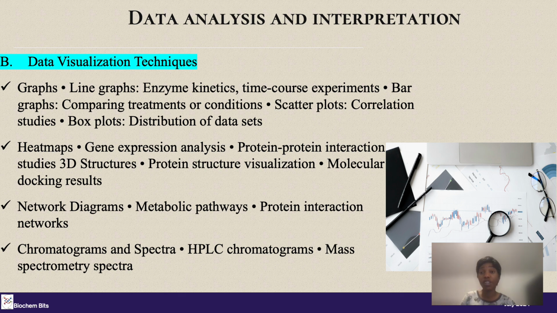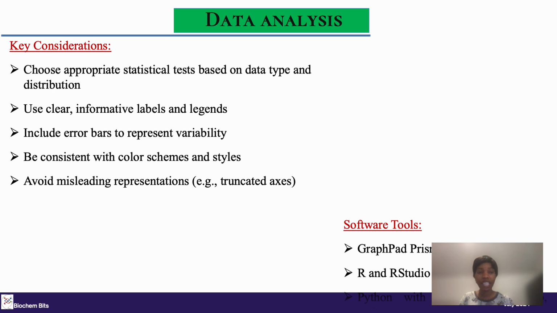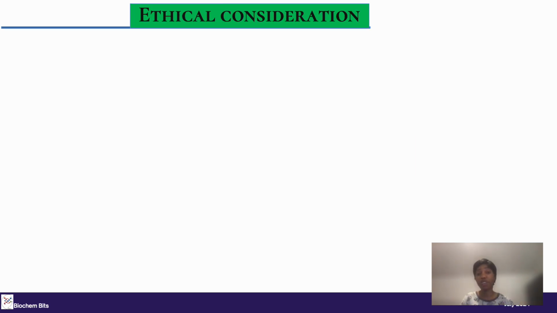And it's still a process in biochemistry that everyone, including me, is trying to measure up to and learn more about how best to present my data. There are some very important tools to consider, like GraphPad Prism that you should familiarize yourself with, like RStudio, Python, and ImageJ.